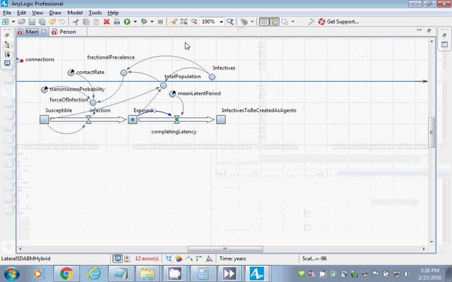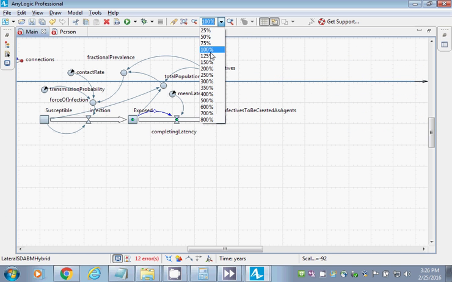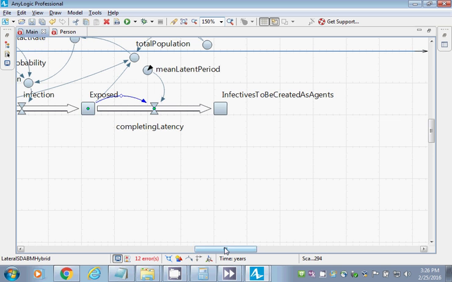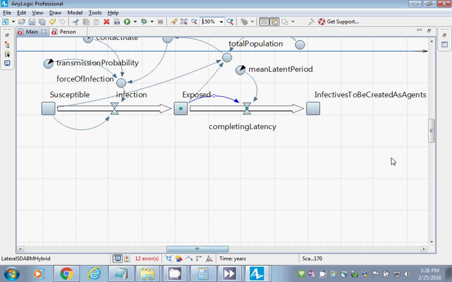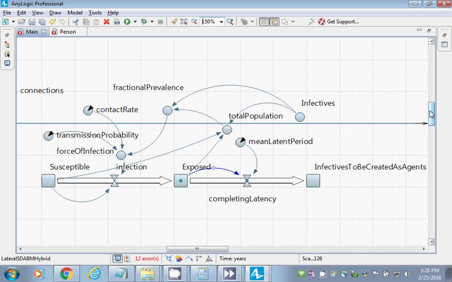There's going to be a first order delay associated with completing latency, so exposed divided by mean latent period.